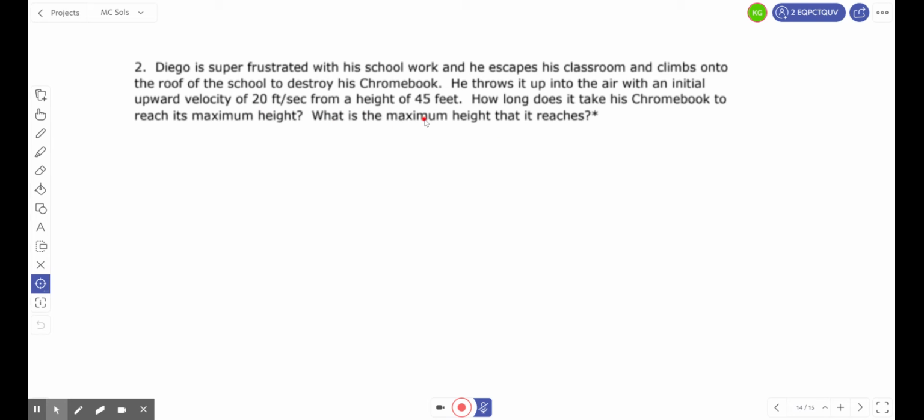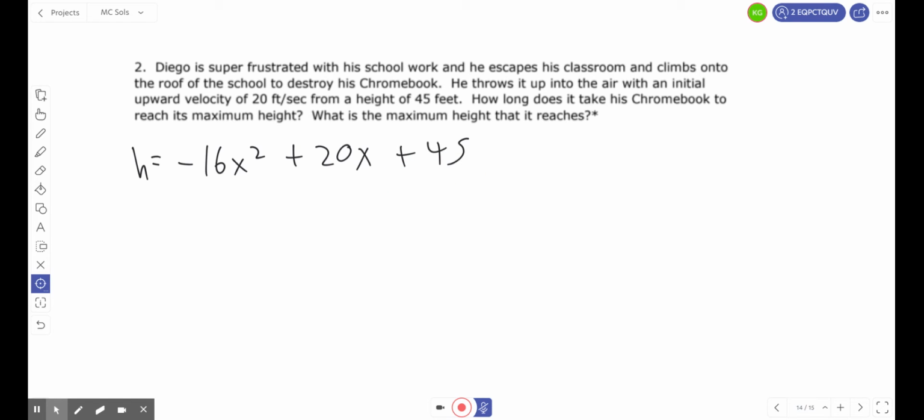Okay, so we need to put this information into a standard form quadratic, and this is a case where we have falling objects. So we're going to use negative 16x squared. Height is equal to negative 16x squared plus the initial velocity times x plus the starting height.